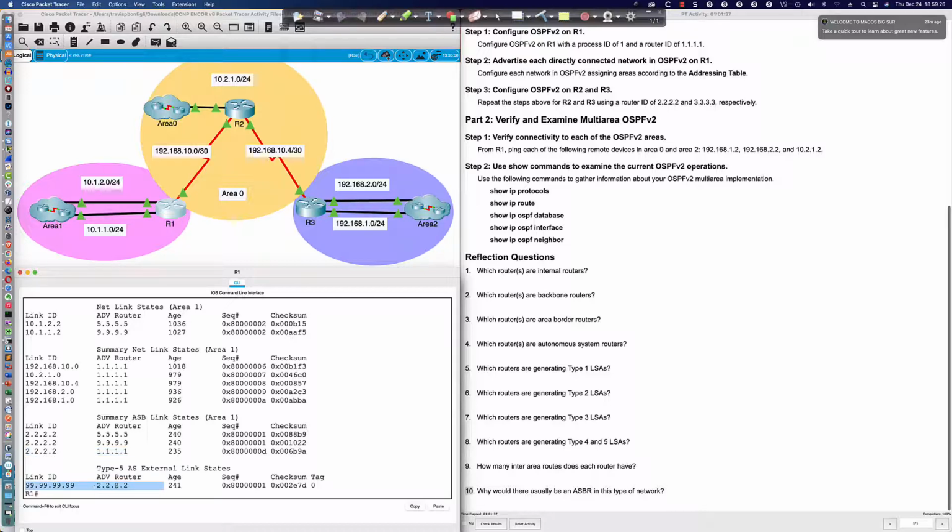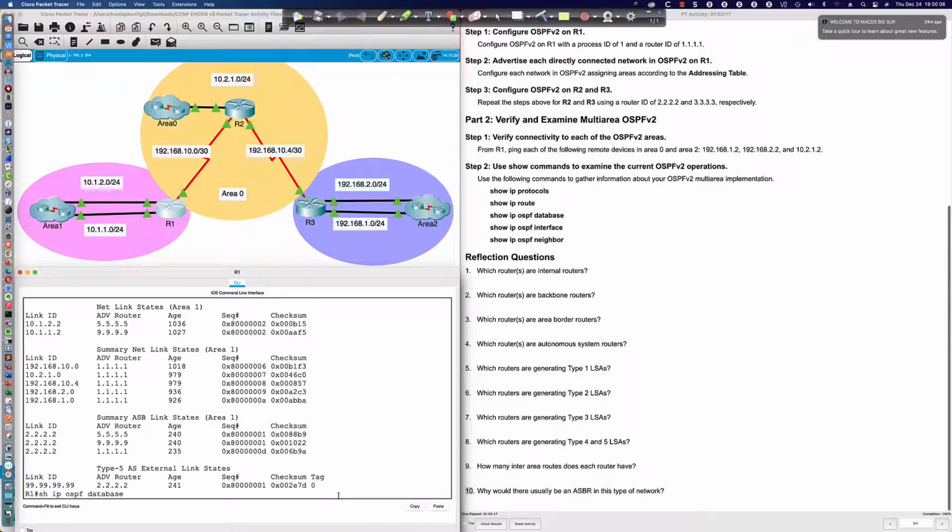The advertising router is going to show us 2.2.2.2. The type 4 helps them. Think of it as like a summary of what's going on over here for this external information. So whereas the type 3 LSA is a summary between areas in OSPF, the type 4 LSA is sort of a little helper guide summary for how you get to the autonomous system boundary router to get out of the OSPF domain to get to this external routing information.